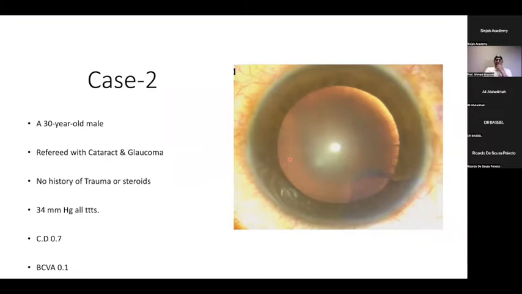So a young patient is coming for cataract and is having cataract and glaucoma, which is not very common at the age of 30 years. So I decided to examine the angle of this patient, and then I realized that the patient is having angle recession. The patient is denying history of blunt trauma, because the patient might have forgotten that he received a blunt trauma.